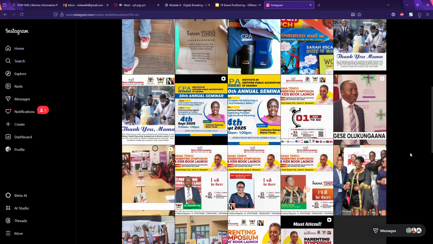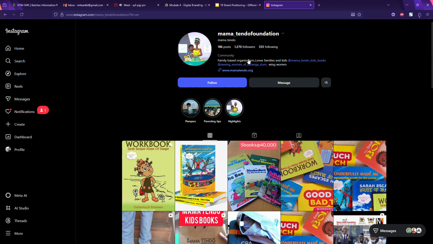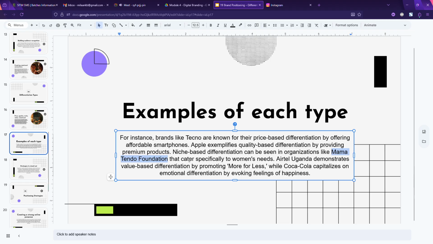And they cater specifically to families, women, and all those. Airtel Uganda demonstrates value-based differentiation by promoting more for less, while Coca-Cola capitalizes on emotional differentiation by evoking feelings of happiness. Share a Coke and all those.